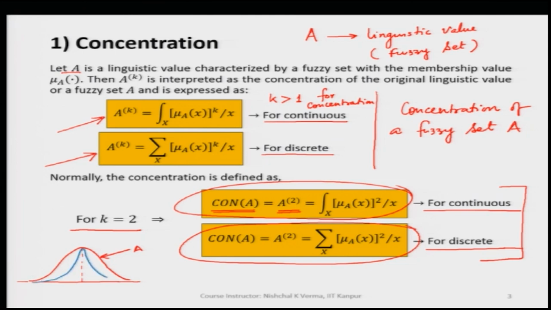Depending upon the value of k, I can say this is my concentrated discrete fuzzy set. So, I can write here that this is a concentrated fuzzy set A. What do we see here?